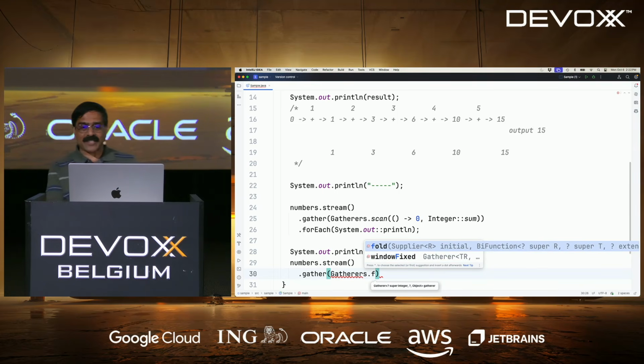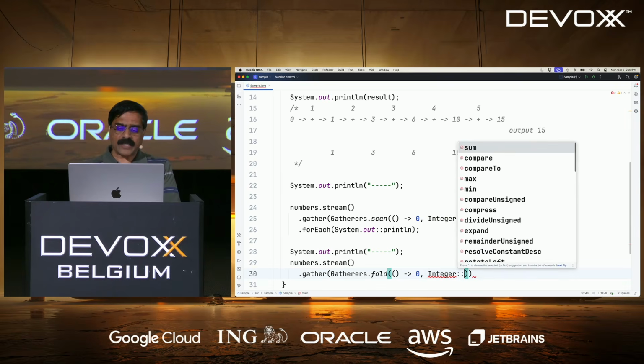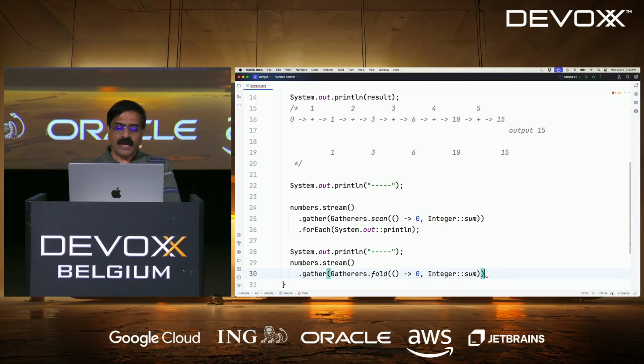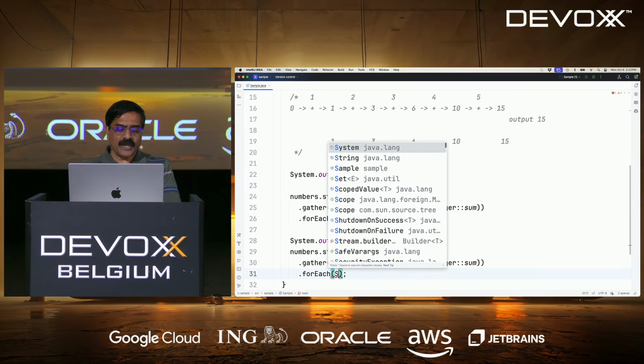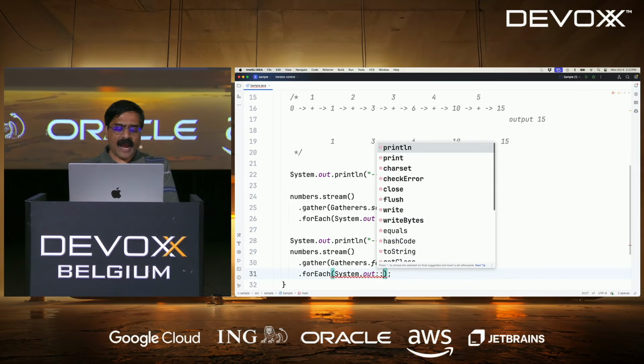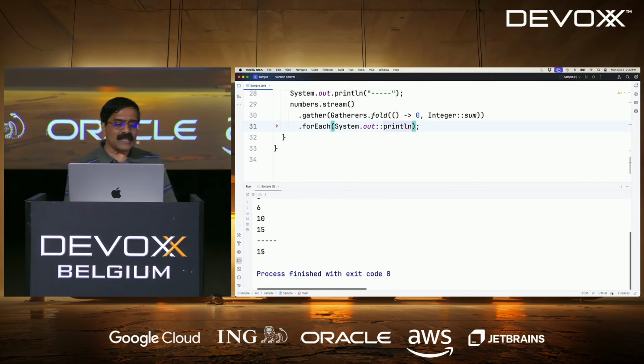You can see there's a supplier and a bi-function after that as well. So I'm going to say fold takes a value of 0 right here. And then I'm going to say Integer, let's say a sum operation I want to perform as well. And then dot forEach System.out println. So if I execute this code, notice it's 15.